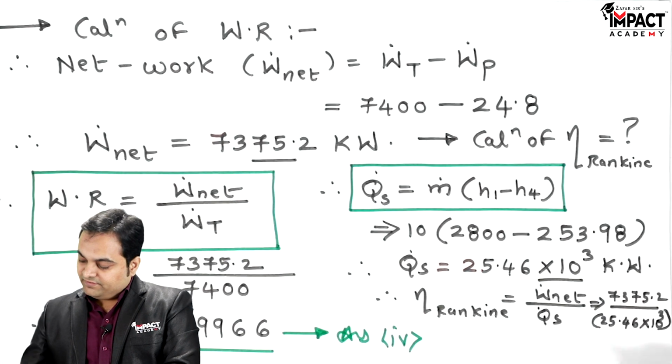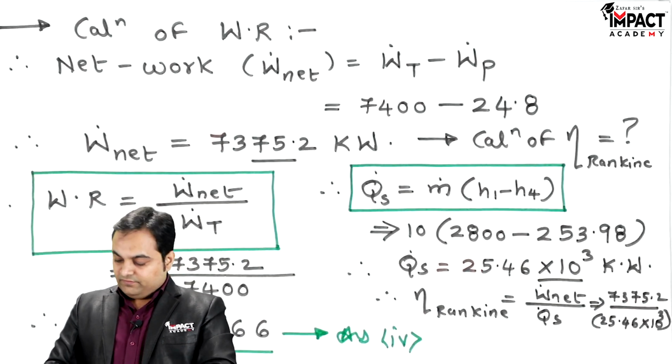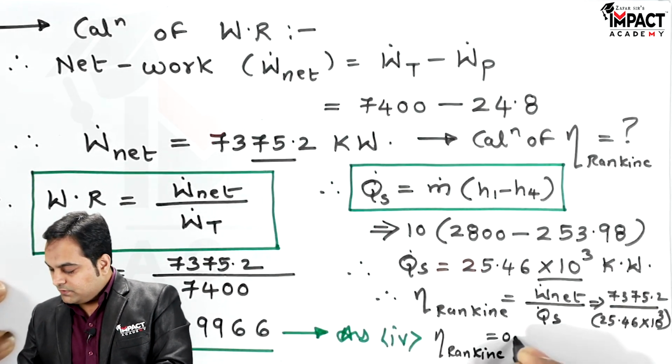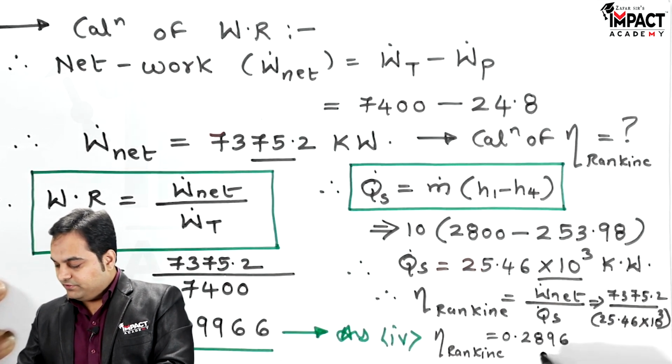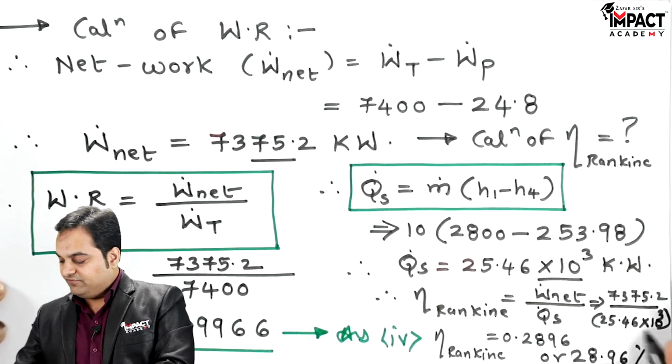On calculating this, I am going to get the Rankine efficiency, and my answer is 0.2896. Take the value after the decimal up to 4 places. Now multiplying this value with 100 will give me the efficiency in terms of percentage. So that is 28.96%. So that's the efficiency of this thermal power plant.